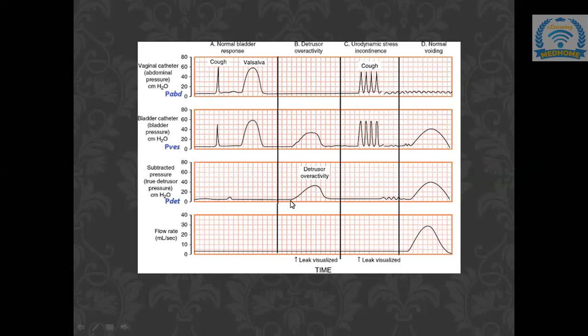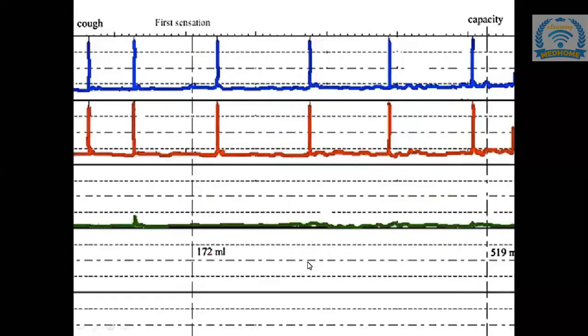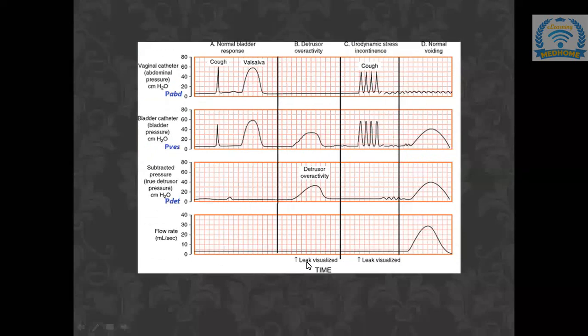Along with that, we can also see that the detrusor activity has started, and you can also see that there is a leak visualized. The arrow says that there is a leak visualized. That means in detrusor overactivity, there is going to be a rise in the vesical pressure and also the detrusor muscle pressure in the filling phase.